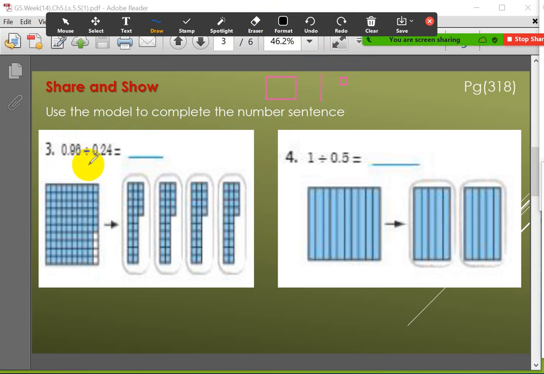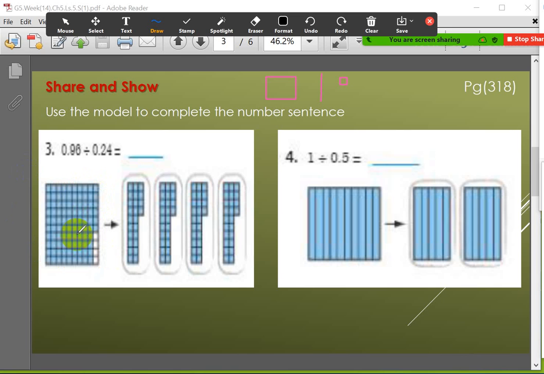9 in the 10th means I have 9 longs. You have to count: 1, 2, 3, 4, 5, 6, 7, 8, 9. You have 9 longs. And 6 in the 100th digit means 6 small cubes. Count it: 1, 2, 3, 4, 5, 6. This is the shaded part that represents the dividend.